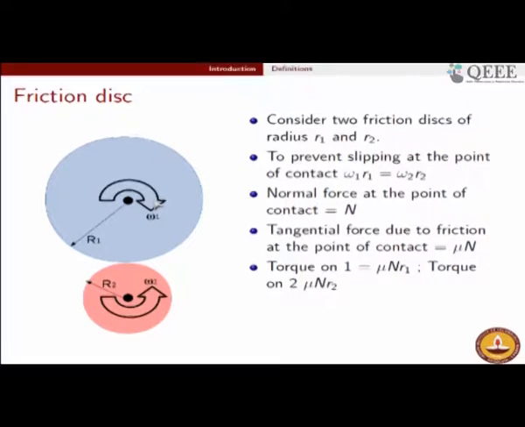So therefore you cannot assume that the engagement between these two discs will be very reliable. Because of this large normal force, there will be shaft deflection, and once the shaft deflects, the discs mounted on these two shafts will no longer be in contact, and as such this is a deterrent for using friction disc.